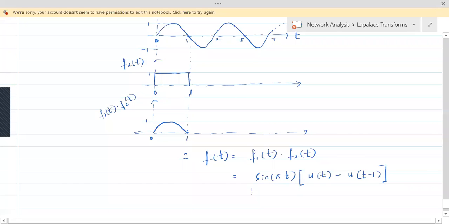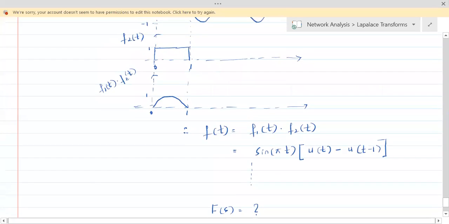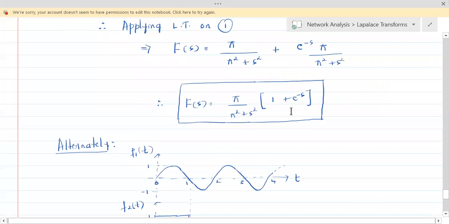Do this yourselves, the alternate method, and try to get the same f of s. You already know the answer. Maybe you'll get the answer in a different form, but you should compare the two and see that both happen to be the same.